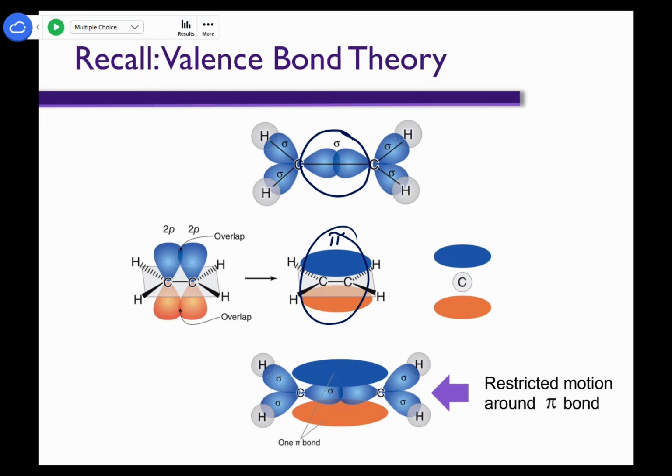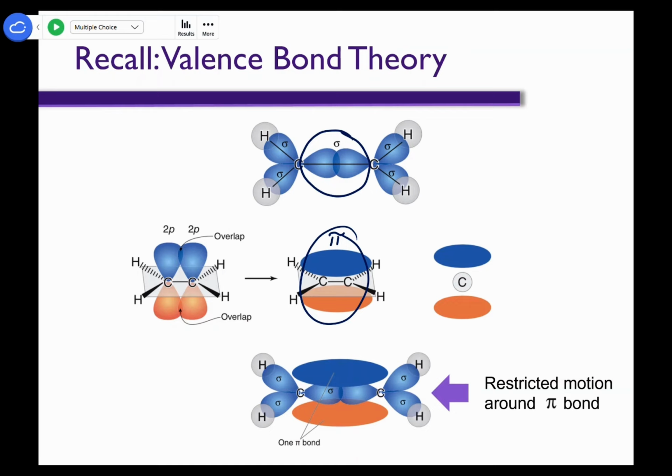And these pi bonds cannot rotate. If my elbow to my hand is a p orbital, the other elbow to hand is a p orbital. If I try to rotate one of my hands, the phase overlap of the p orbitals is going to break. If we try to rotate a pi bond, it breaks.